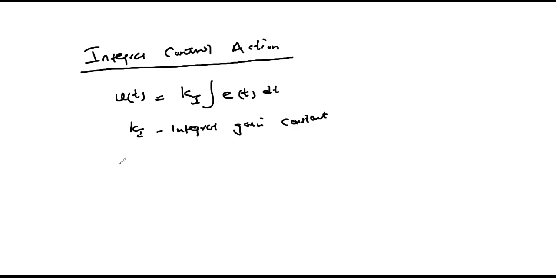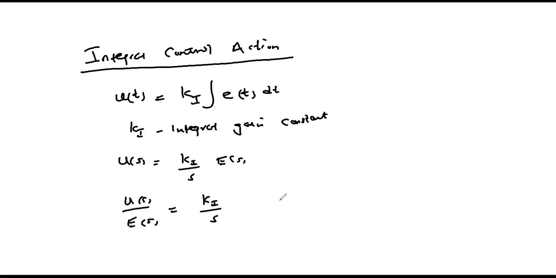Taking the Laplace transform of our equation, we can write U of s equals Ki over s times E of s, where the controller is now defined by U of s over E of s equals Ki over s.